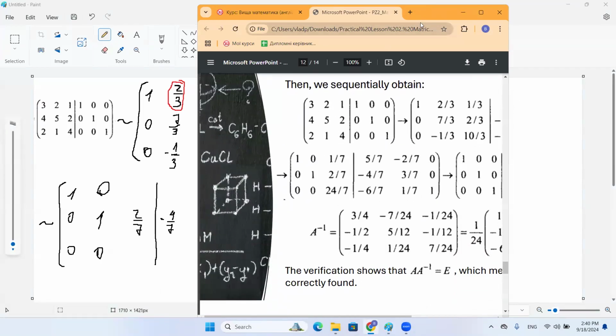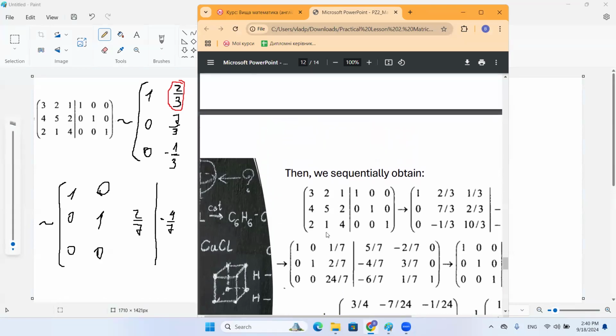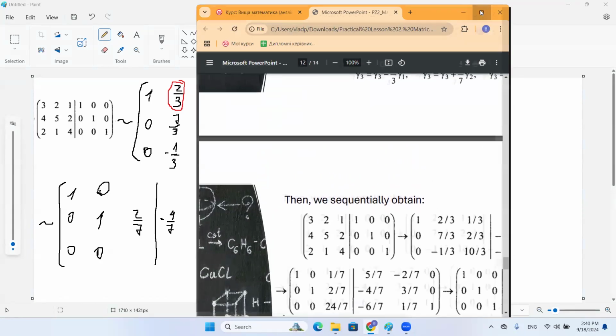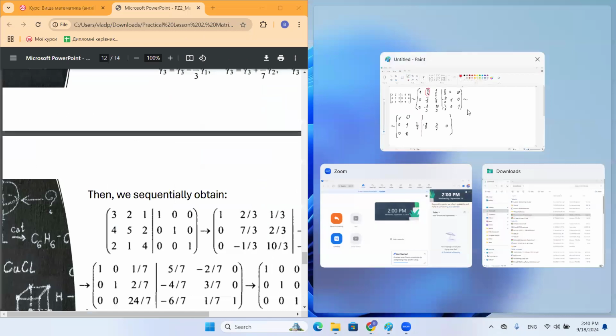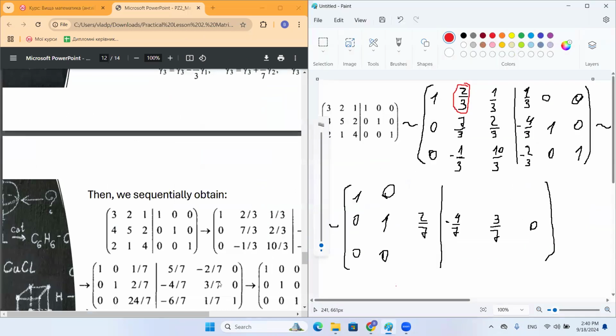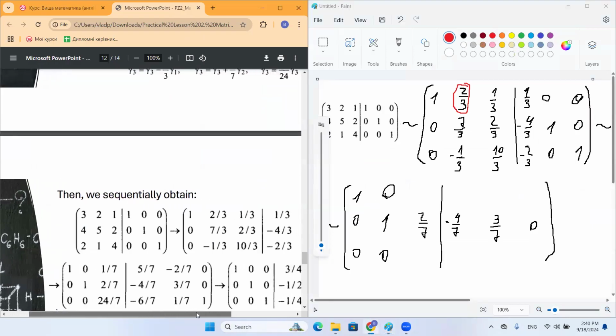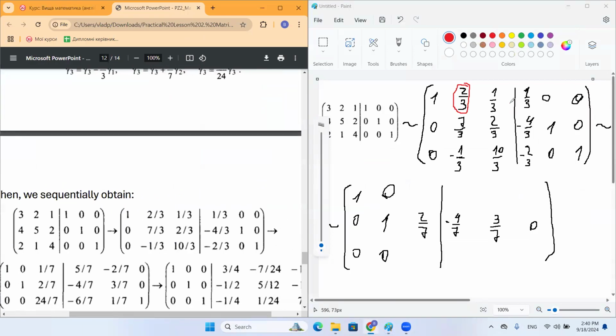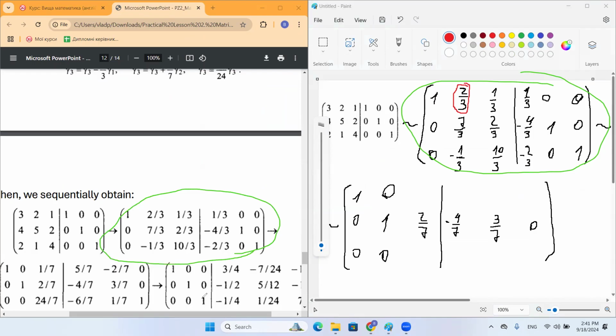Let's compare actually the first iteration. Here we have the same coefficients, and the same coefficients here and here. So everything is correct.